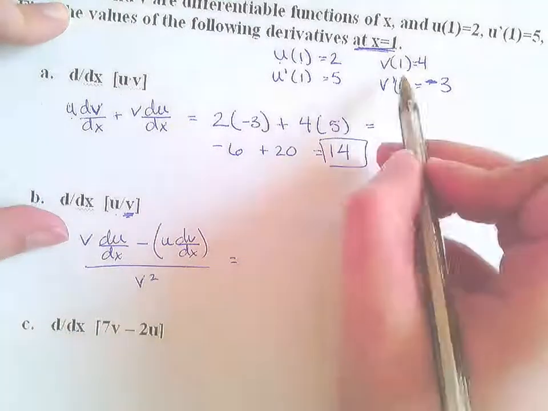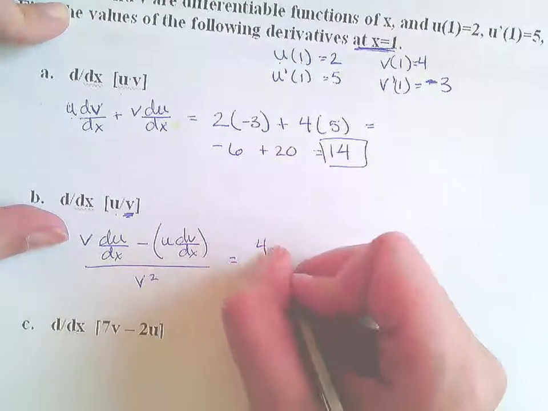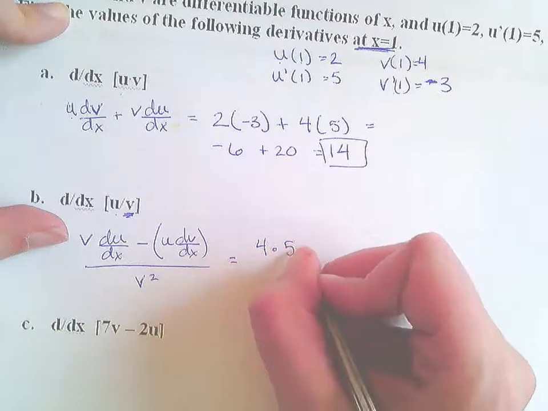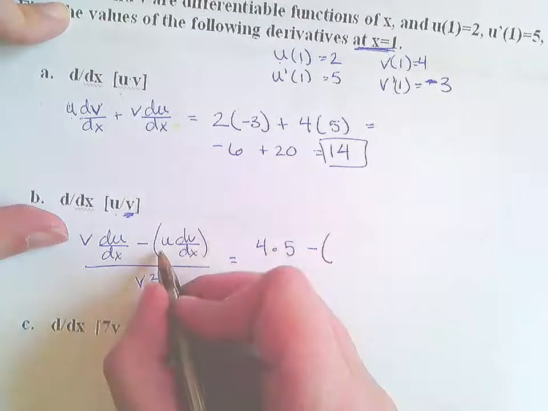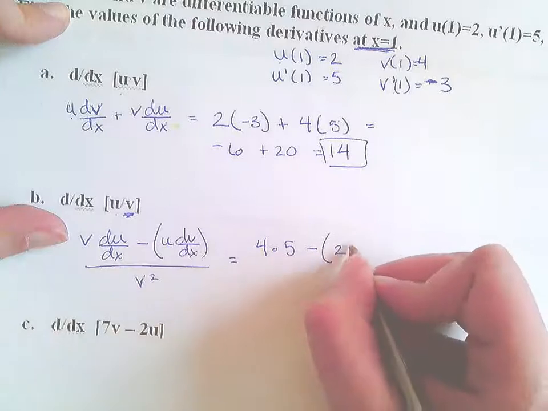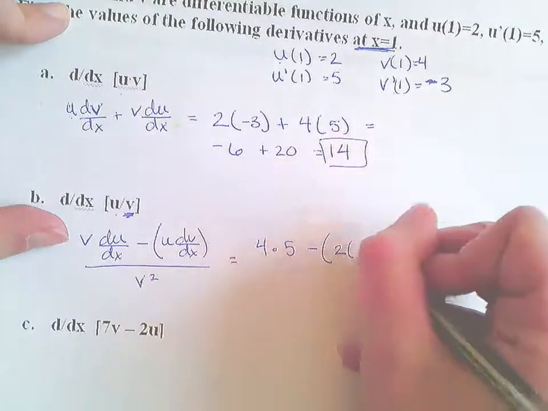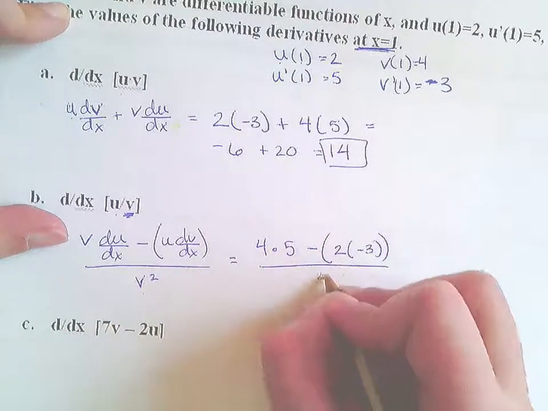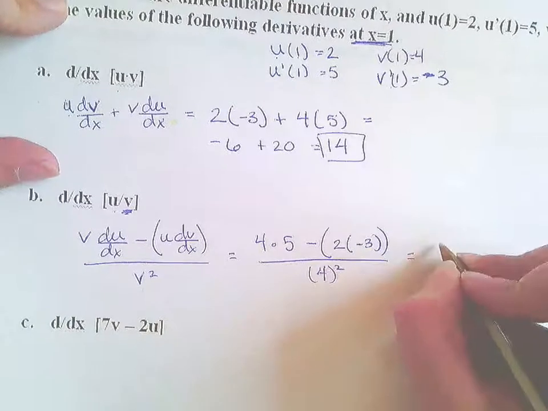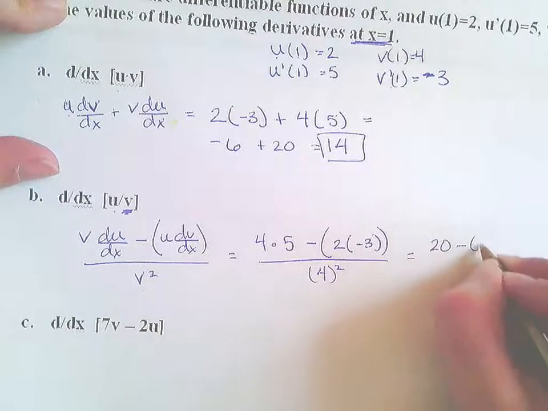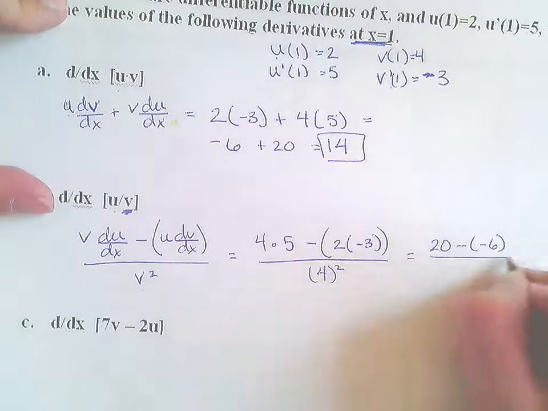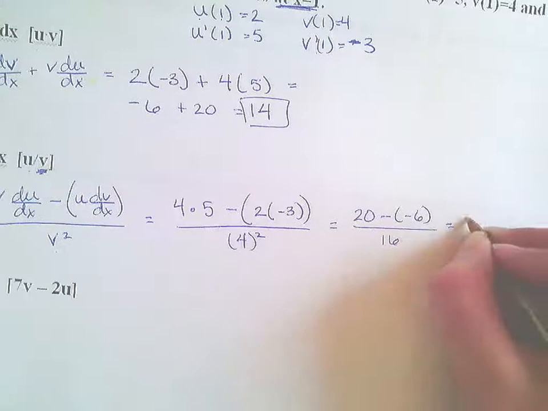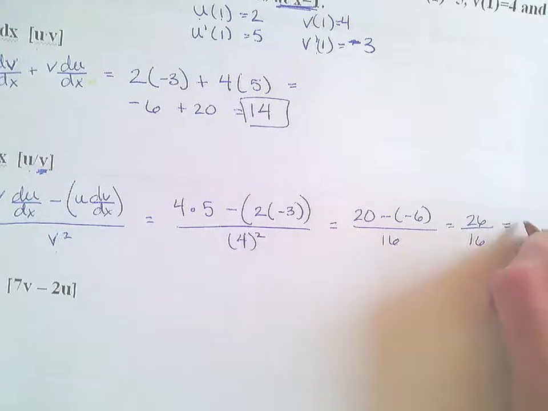So v is 4 times du dx, which is 5, minus, big parenthesis, u, which is 2, times the derivative of v, which is negative 3, and all of that is over v, which is 4, squared. That's going to be 20 minus negative 6 over 16. So we got 20 plus 6, which is 26 over 16, simplified to 13 over 8. Done.